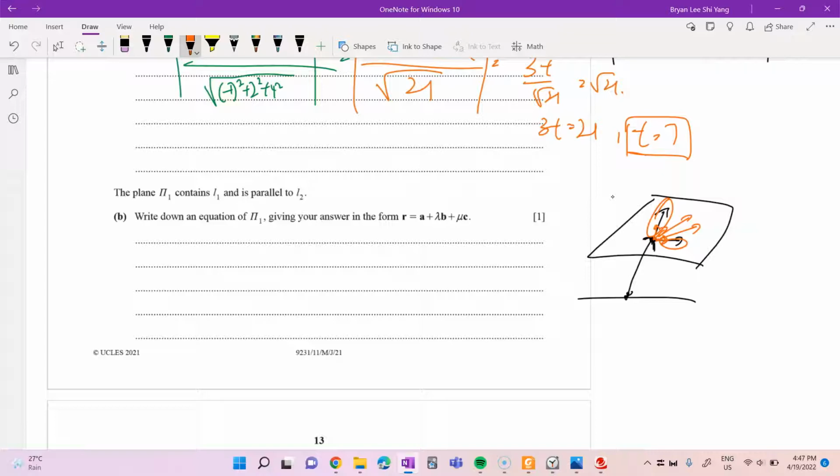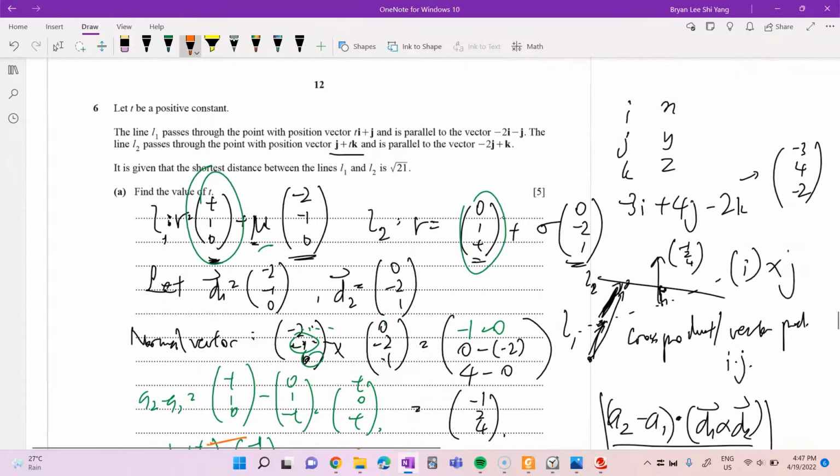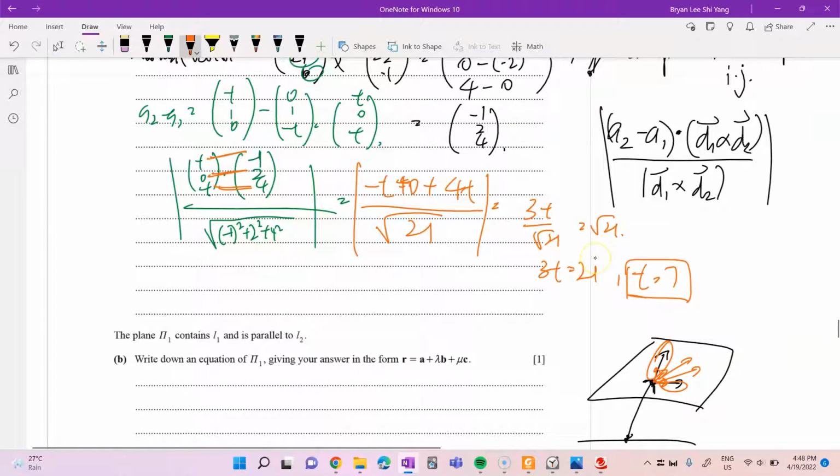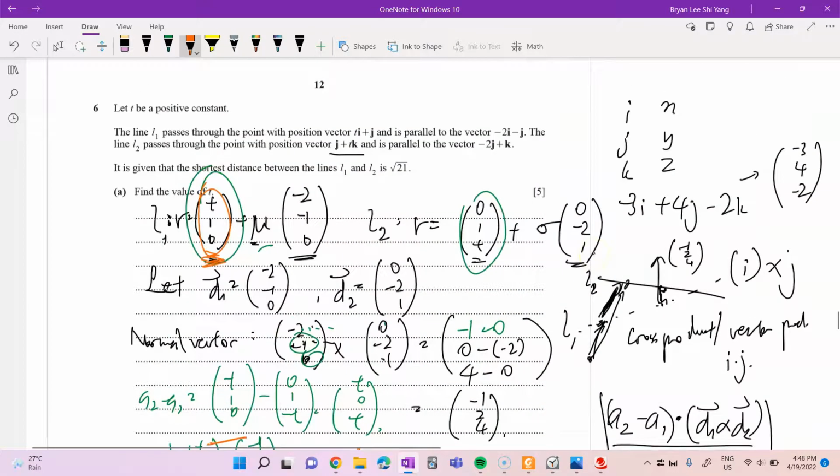So the plane P1 contains L1 and is parallel to L2. Now, since we have the position vector of this certain point in the plane, it would be t, 1, 0, and then again it contains the entirety of L1.